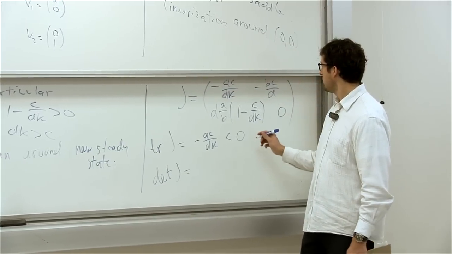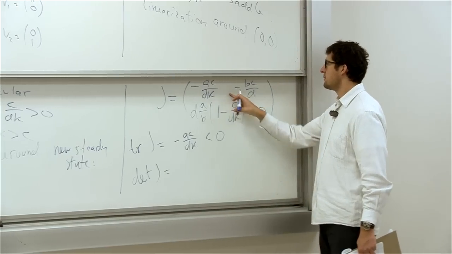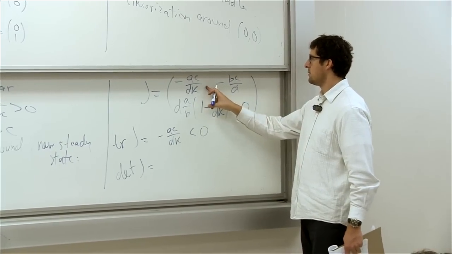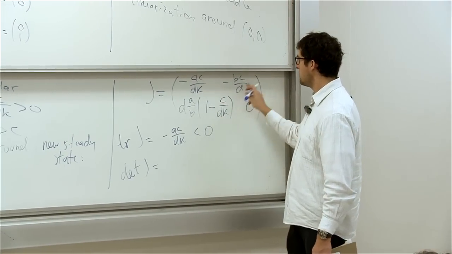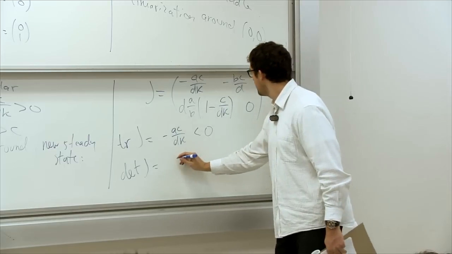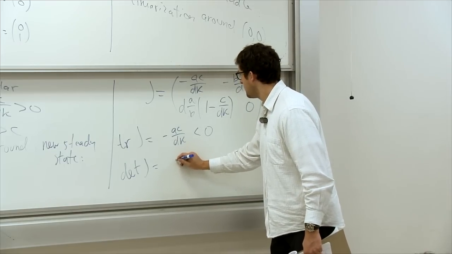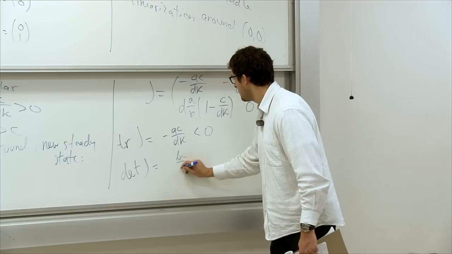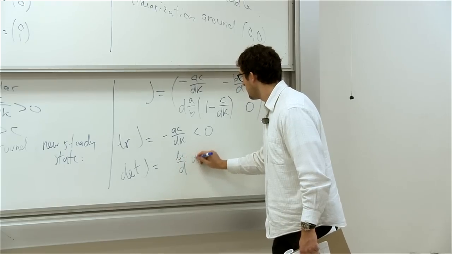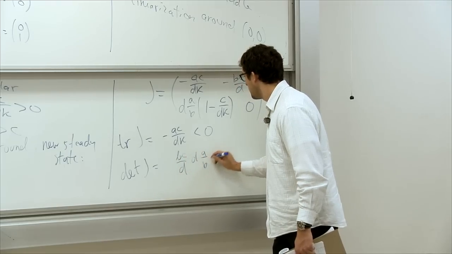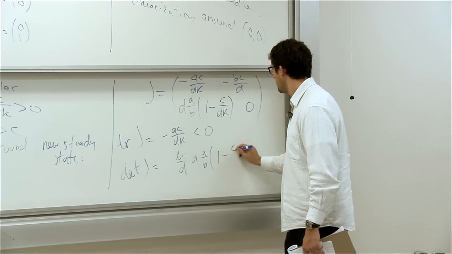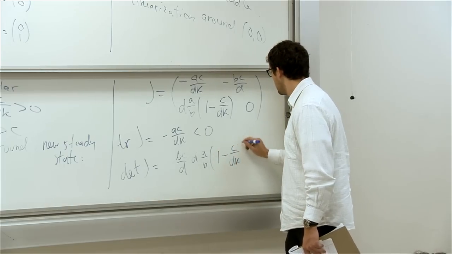It's a positive number. How do you know? Because the main diagonal is 0, and then the other diagonal you multiply by a negative number. So that makes bc over d positive. So that's a positive number times another positive number, since 1 minus c over dk, we recall, is a positive number.